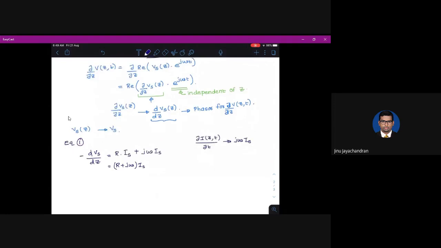I can write equation 2 as: minus ∂Is by ∂z is equal to G plus jωC into Vs. So in this equation there is an L because it is jωL.